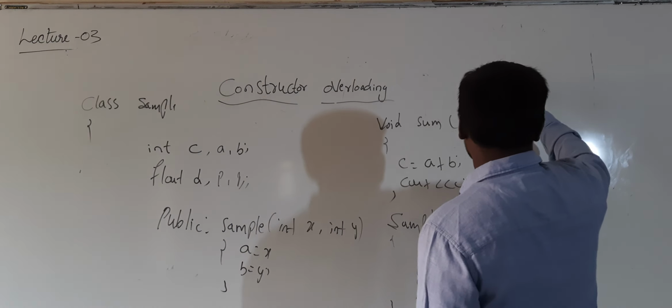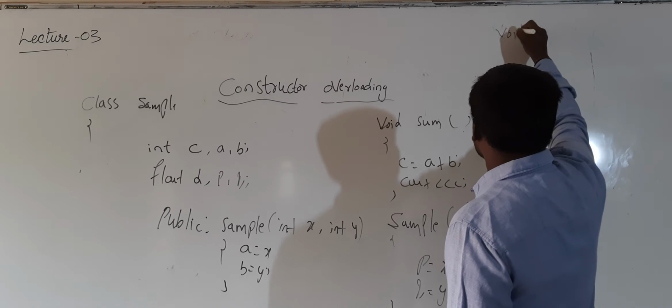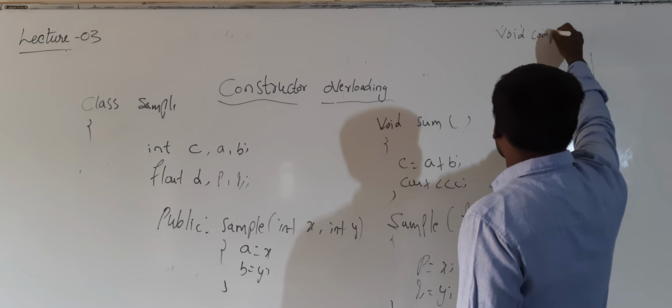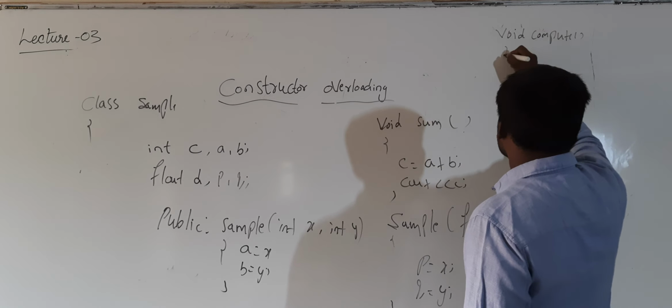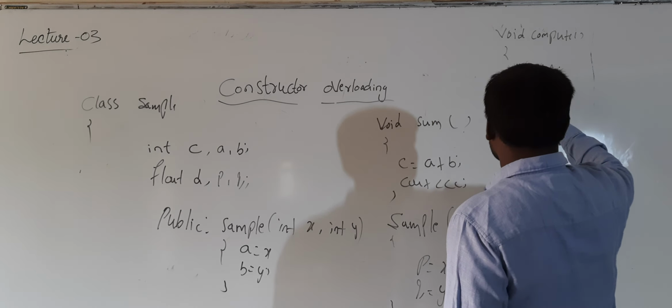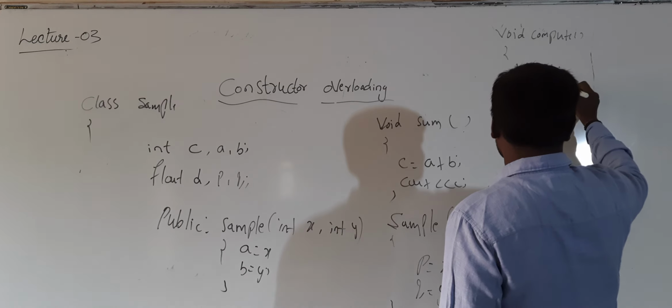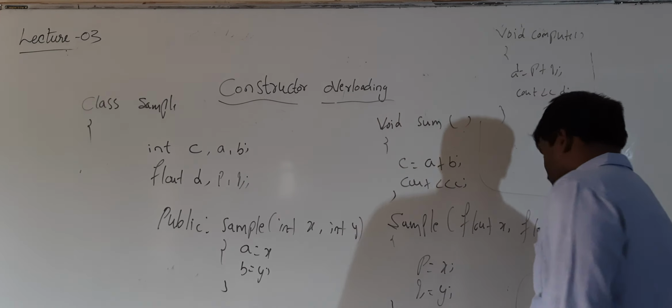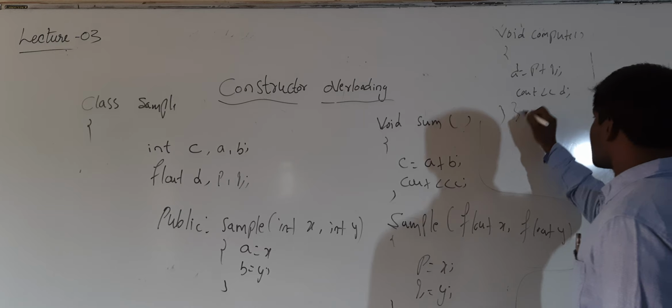Again you can write one more function, that is void compute, d = p + q, cout. Okay. Next you can close the class.